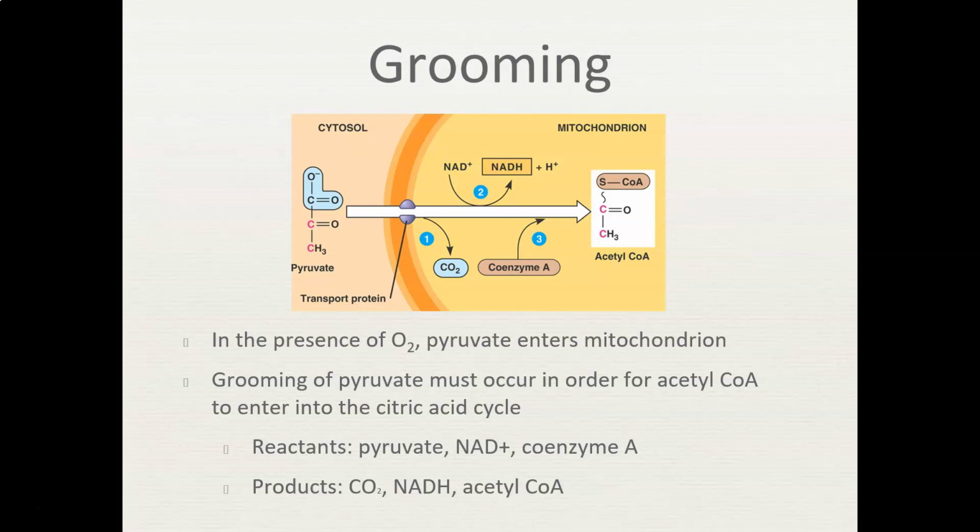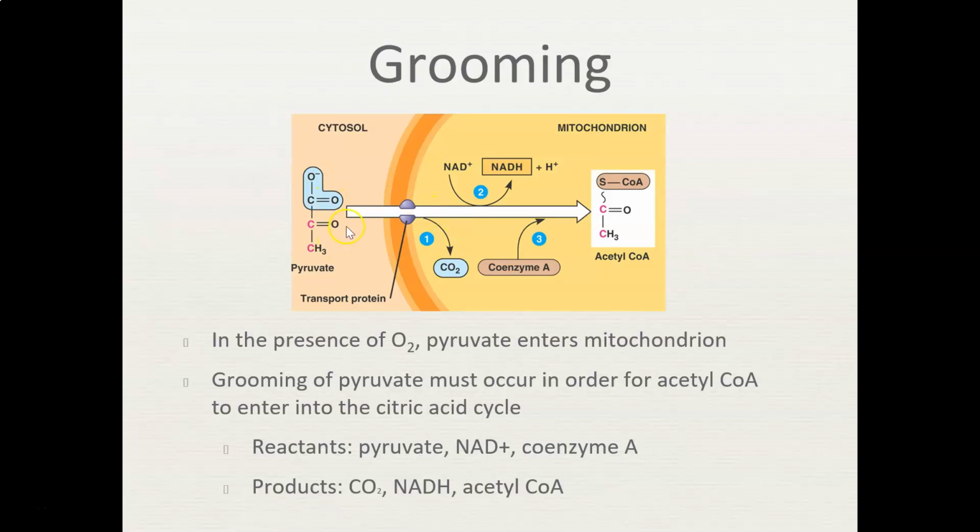And in order for that to happen, that means it has to pass through those mitochondrial membranes, both its outer and inner membrane. And it's going to end up happening via a transport protein. It's actually active transport. We need to be able to pump up the concentration of this pyruvate in order to keep that citric acid cycle going.